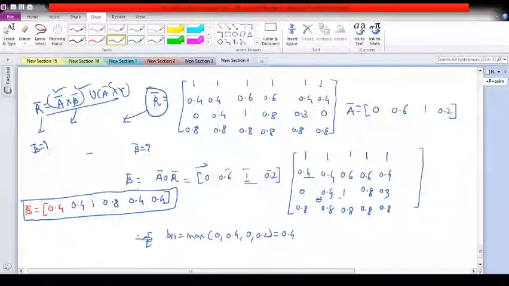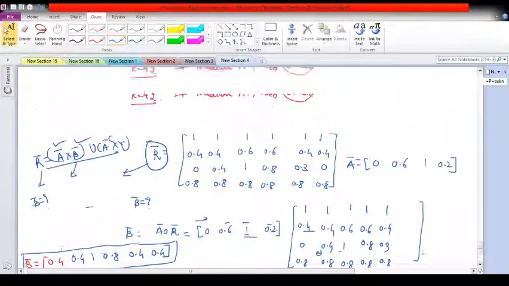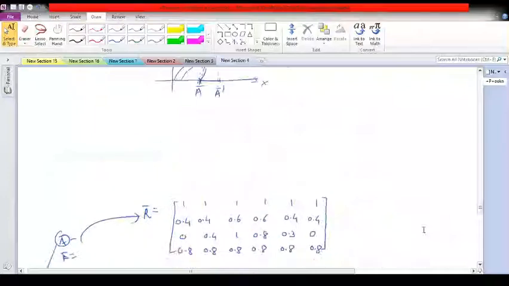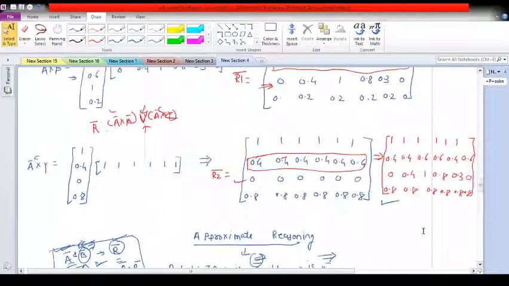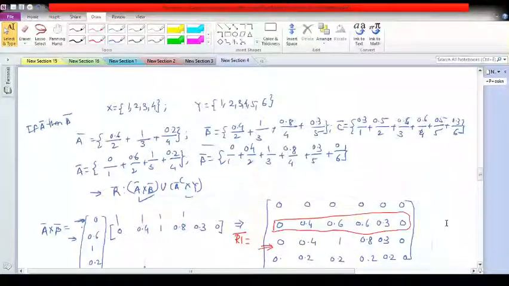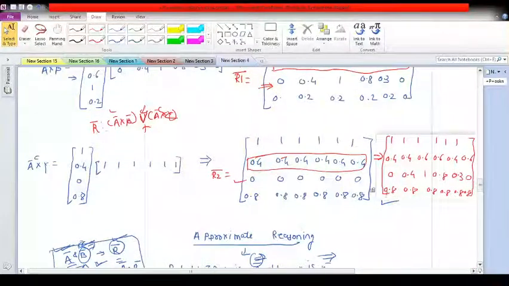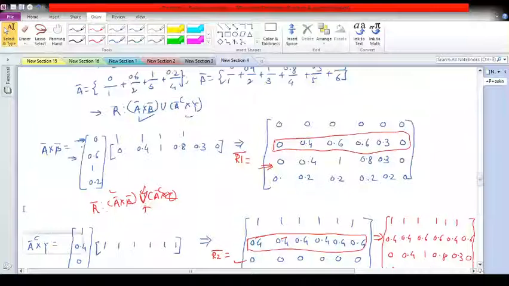So let us compare 0.4, 0.4, 1, 0.8, 0.4, 0.4. Let us go back and check it out. What is my B bar here? So this relation matrix which we have obtained, what is the B bar?